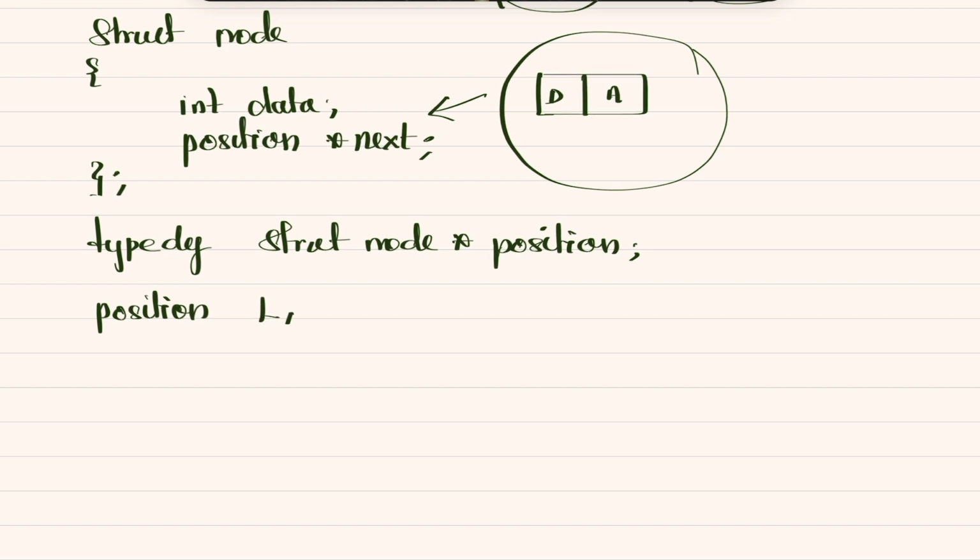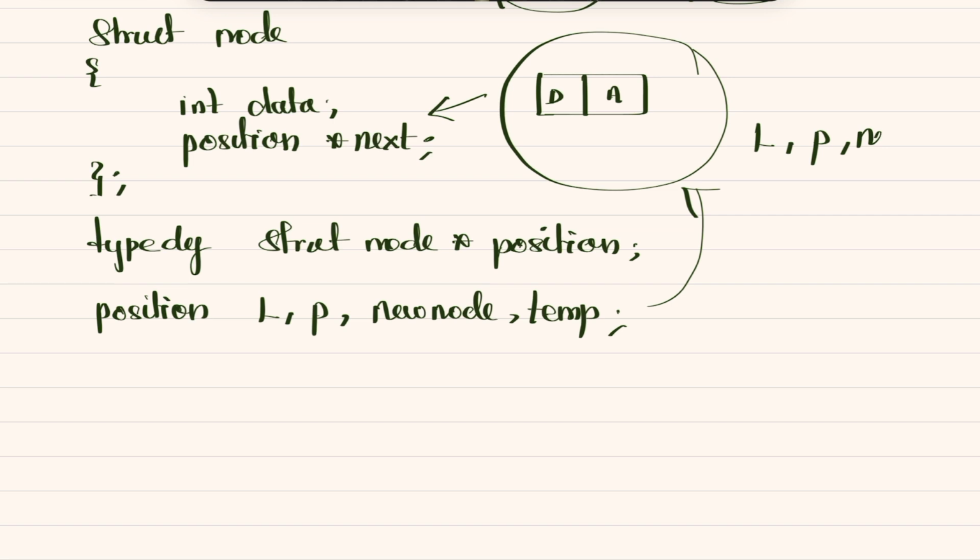Sometimes we can call this common memory space L, another time P, another time new node, another time temp. So the single memory space can be called with different names. Likewise, we can call the same structure with different names.